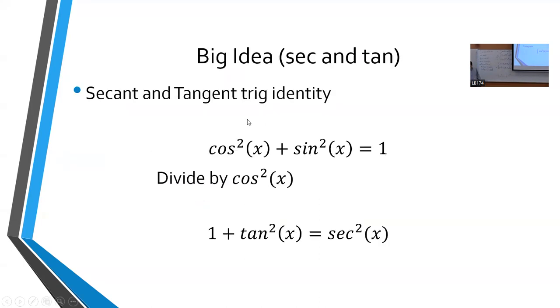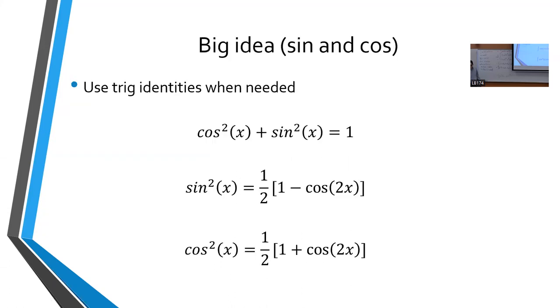If we happen to have two even powers on both sines and cosines, then we actually have to use these double angle things. And that becomes more difficult.